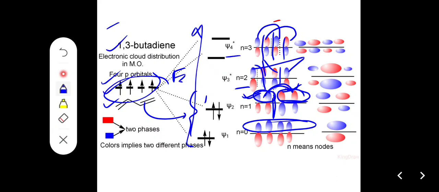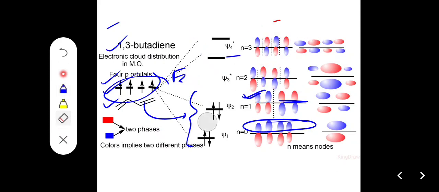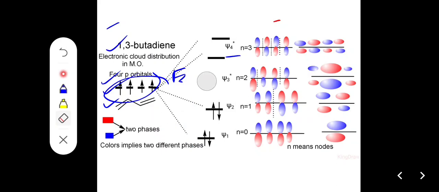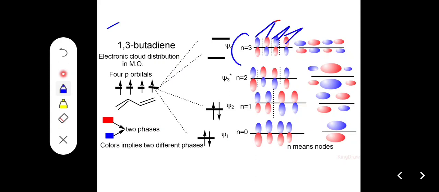When 2 nodes, the 2 terminal lobes have the same phase and the 2 middle lobes have the same phase. And when n equal to 3, all of the orbitals have defined phases, that is consecutive phases are different.